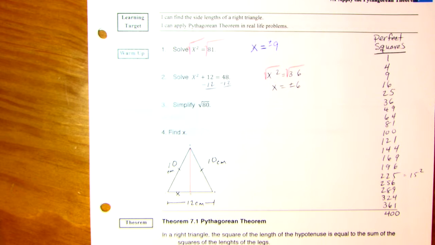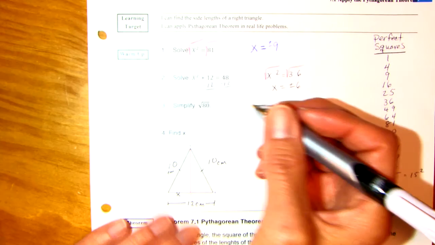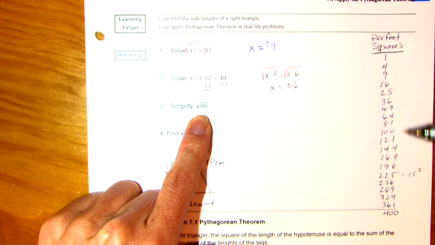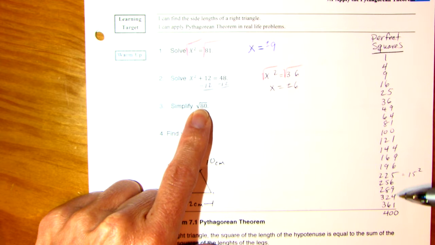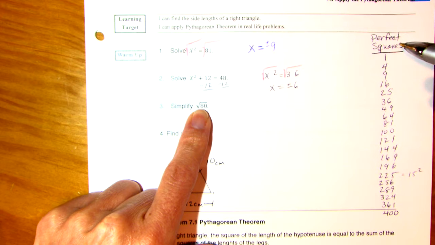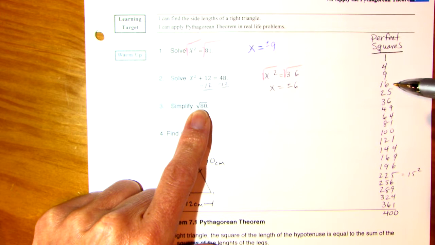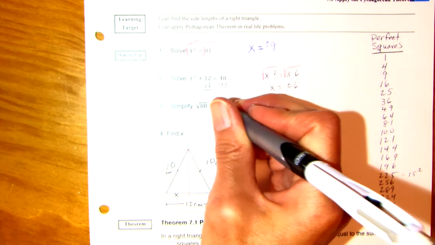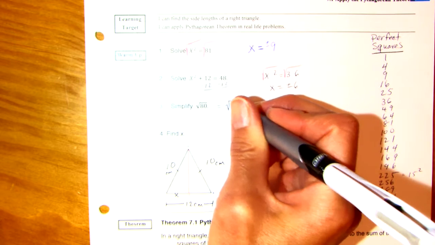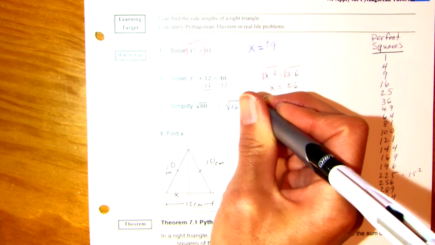All right, so simplify the square root of 80. Usually if it's simplified, they want the exact value. So to find the exact value, find your perfect square that will go into 80 nicely. And the highest one is 16. So this is the same as the square root of 16 times 5.